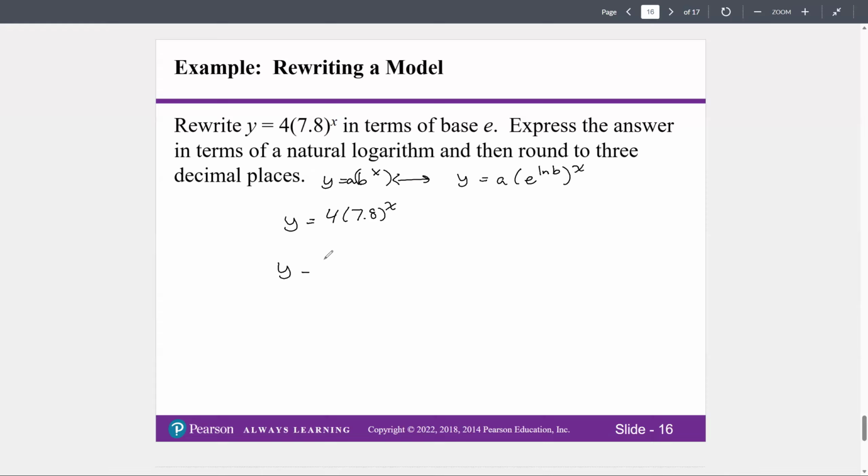So we just write y equals 4 times e to the natural log of 7.8 x. The only thing we want to change is this. What is natural log of 7.8? We're going to round to 3 decimal places. So this is going to be 2.054x. So that is the way to convert it.